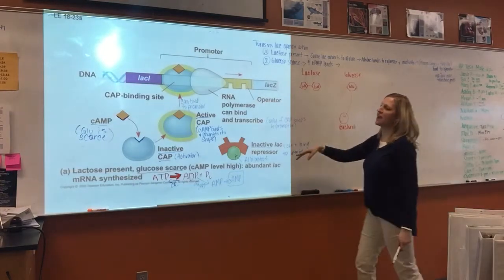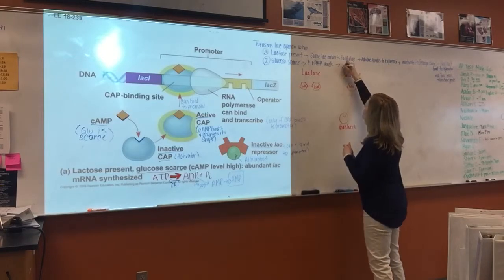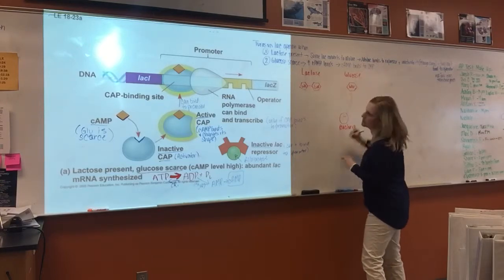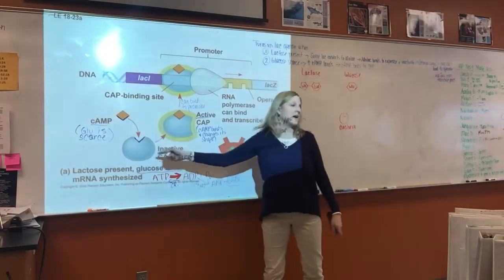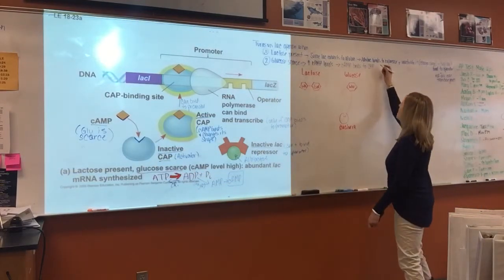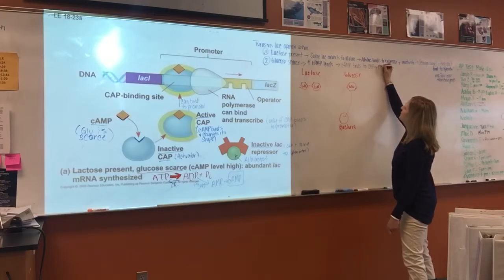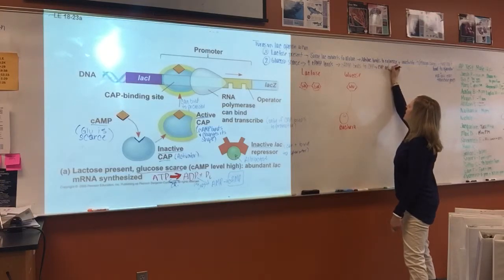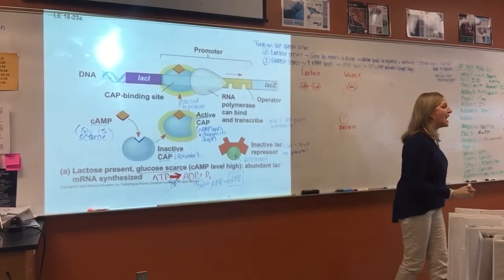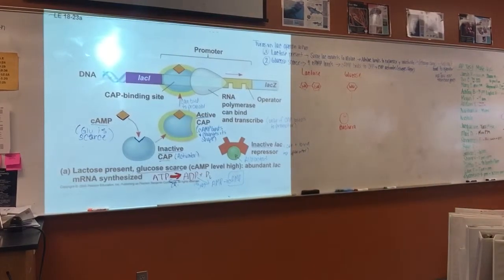Yeah, so cyclic AMP then binds to your activator protein called CAP. And when it binds to it, it does what? It changes its shape and activates it. So CAP activates by changing shape. Okay, so now you have this active CAP protein. Why is that a big deal?